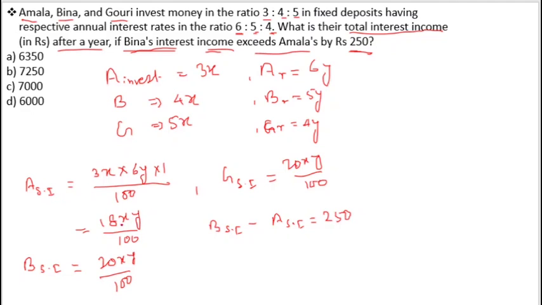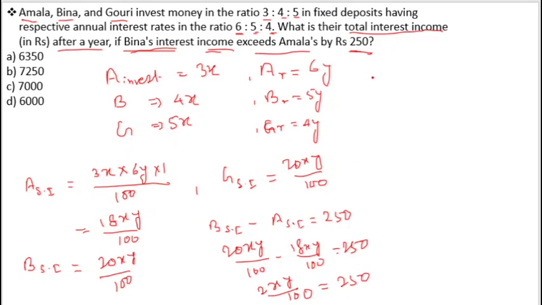Amla's is 18xy and Bina's is 20xy. So 20xy by 100 minus 18xy by 100 is equal to 250. That gives us 2xy by 100 equals 250. Now if we take 2 to that side, we get xy by 100 equals 125.